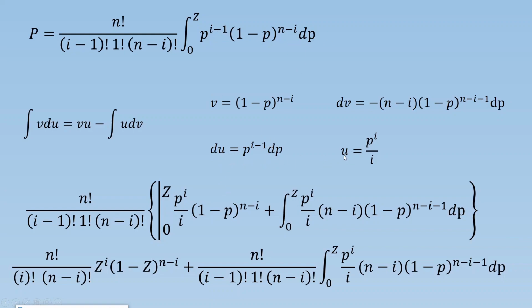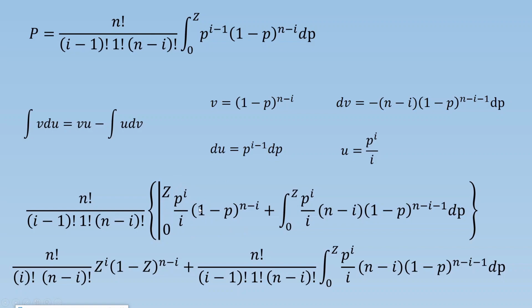And when we take the integral, u becomes p to the power I divided by I. Okay, so this whole integral will be this constant multiplied by vu, which is this, and then we have to evaluate it from 0 to z, plus the integral from 0 to z of u dv. So this is u and this is dv. Here it becomes plus, here is minus, but because we have another minus here, this becomes plus.